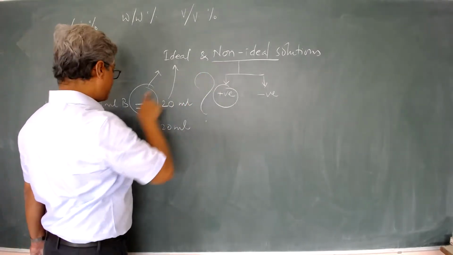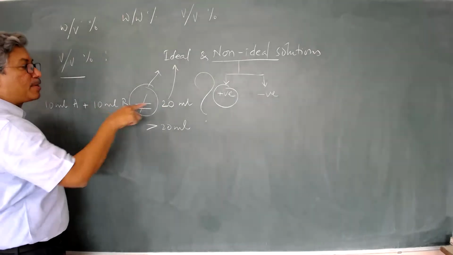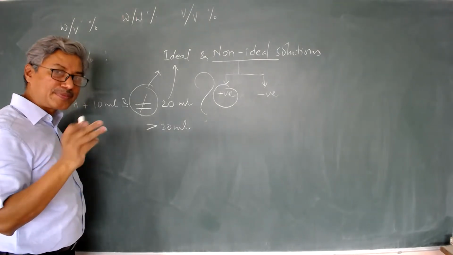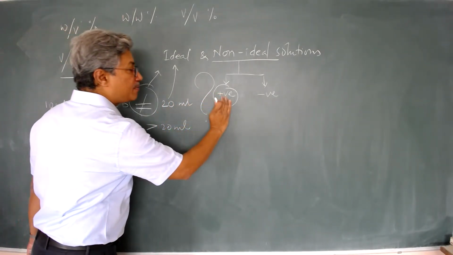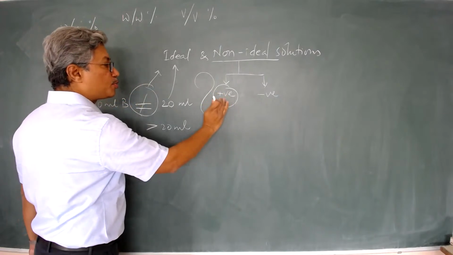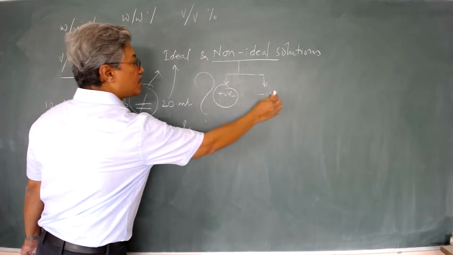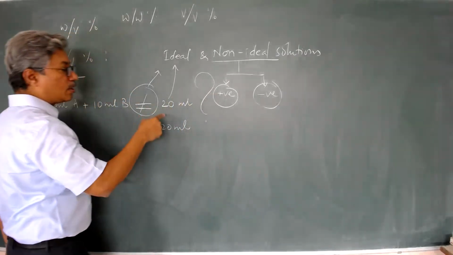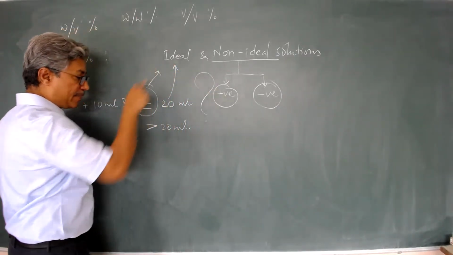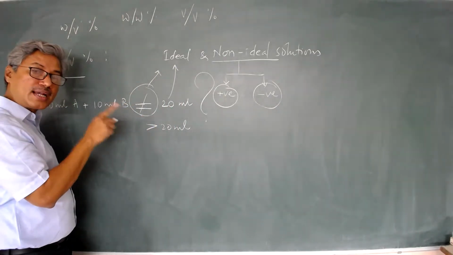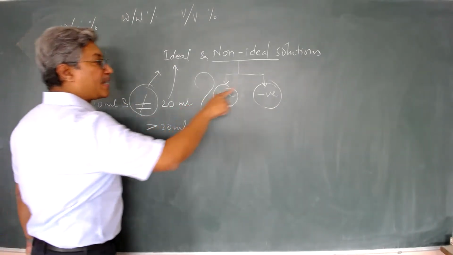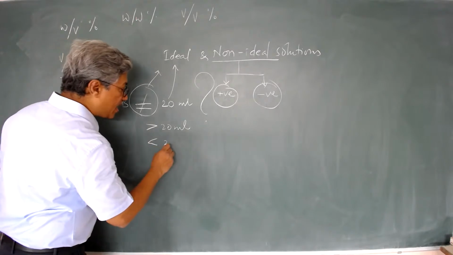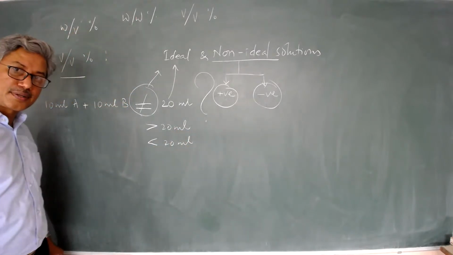If the total volume is not equal to 20 ml, then the solution is non-ideal. One solution shows positive deviation from the ideal behavior, and the other shows negative deviation. If it shows negative deviation, the total volume will be less than 20 ml. Is it clear, students?